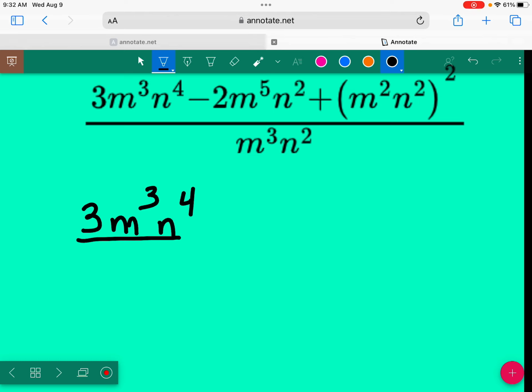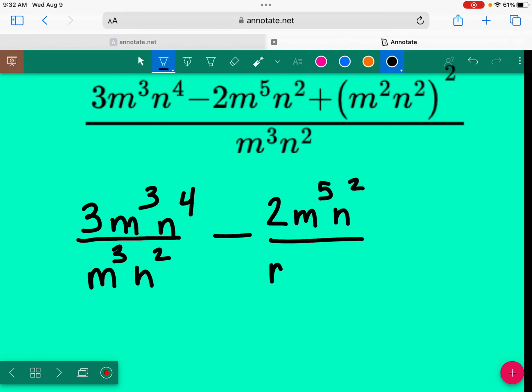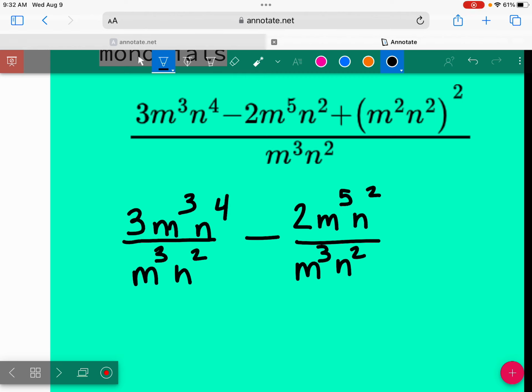So 3m cubed n to the fourth over m cubed n squared, minus 2m to the fifth n squared over m cubed n squared. While I'm cutting this into pieces, I'm going to simplify this m squared n squared quantity squared.